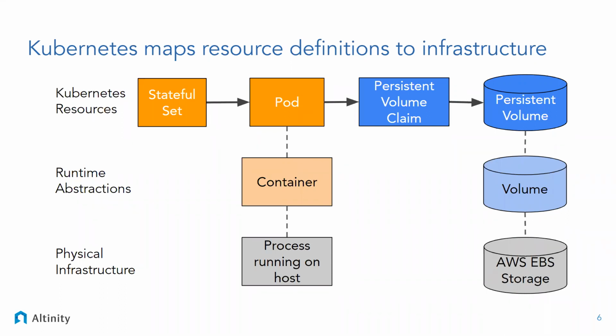And then those map through to actual physical infrastructure. So for example, in the end, what runs in a Docker container is just a process running on a host somewhere controlled by cgroups. So in other words, given some bounds so that it can't eat all the resources on the host. The volume that you have that is attached to your container could be just a patch of EBS storage running on Amazon.